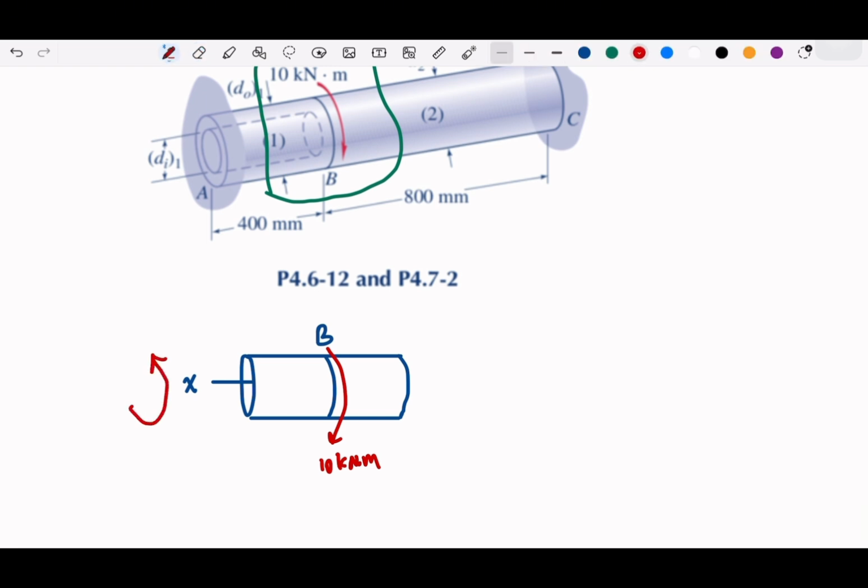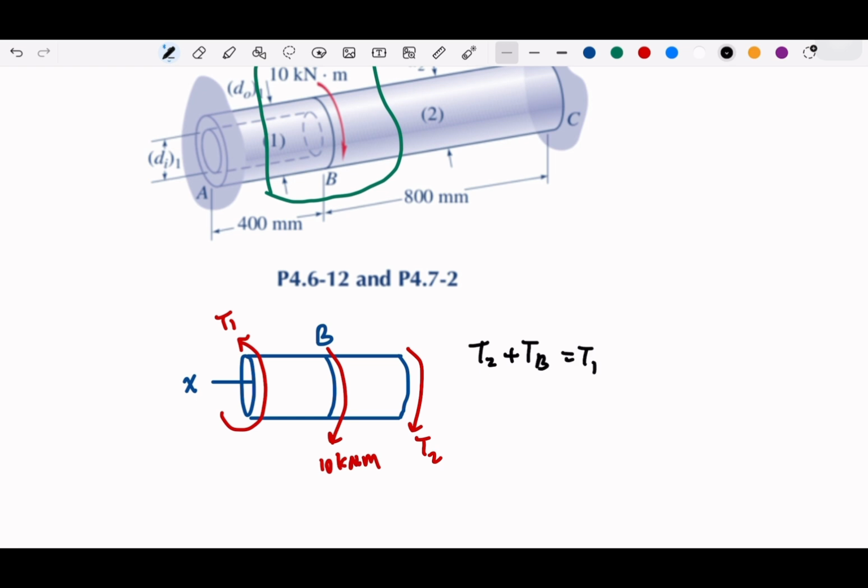Let's say this is T1, and this will be T2. Now, based on what we have here, T2 plus TB equals T1, or T2 is T1 minus TB. Both we can use.